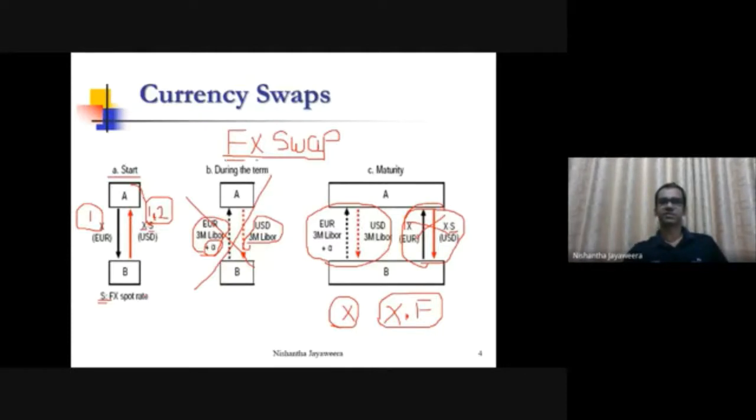This is a specific case of cross currency swap. Cross currency swap is a general product. Once we change a few terms, we can derive an FX swap. It is not exactly the same.